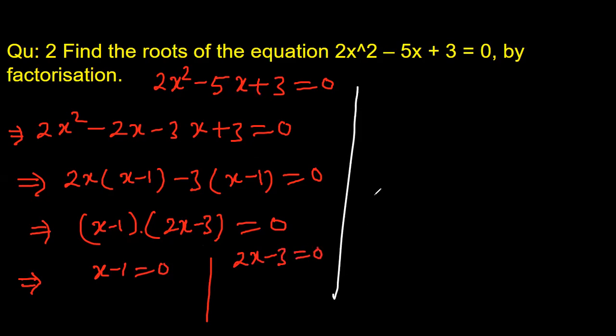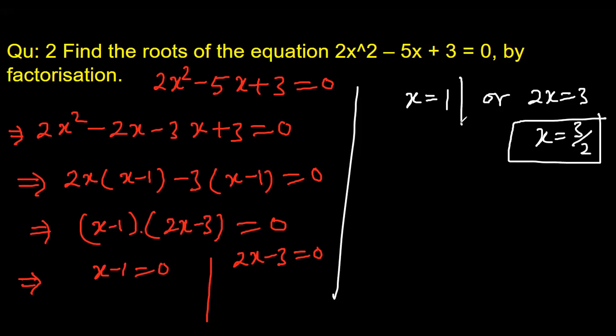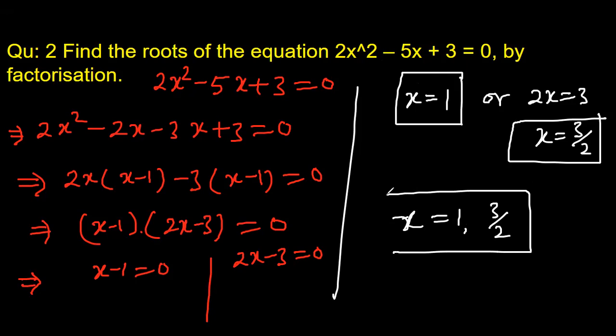If x minus 1 is 0, x is equal to 1, or 2x is equal to 3. Simply transpose this 3 to the right. This gives you x is equal to 3 by 2. So we are getting two values of x, or two roots of this quadratic equation. We can sum up: x is equal to 1, or x is equal to 3 over 2. That is your answer.